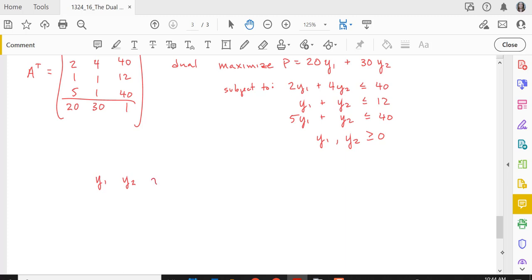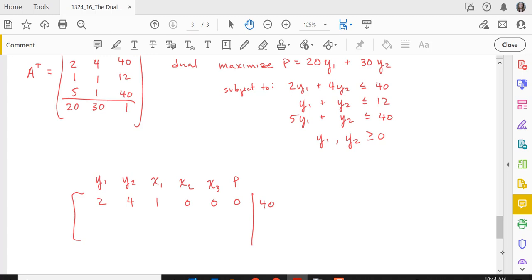And I'm going to title those x1, x2, x3, and then p. My first row of my initial simplex table will be 2, 4, my first slack variable, those 2 slacks are 0, p is 0, and my last column is 40.